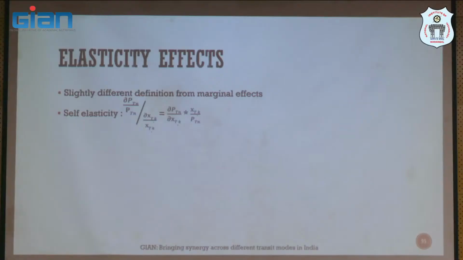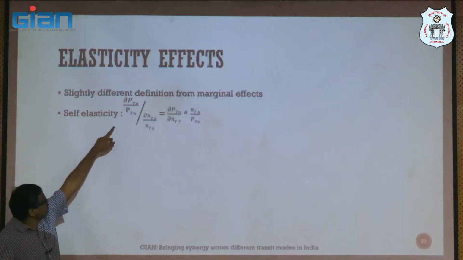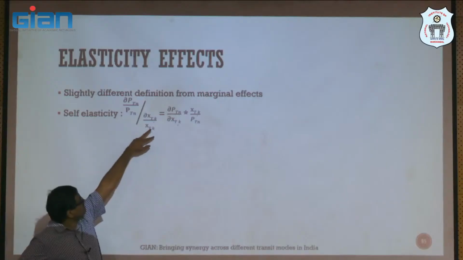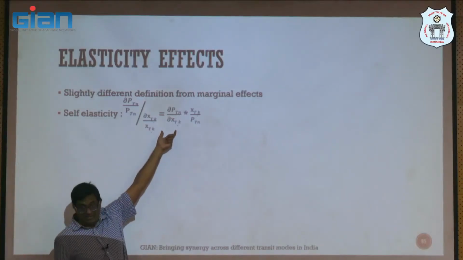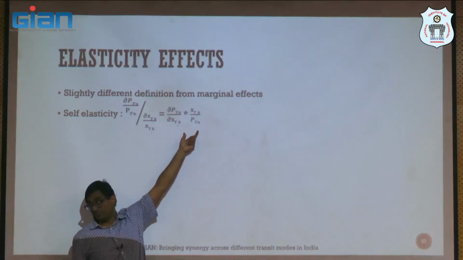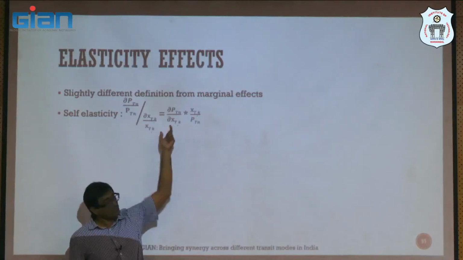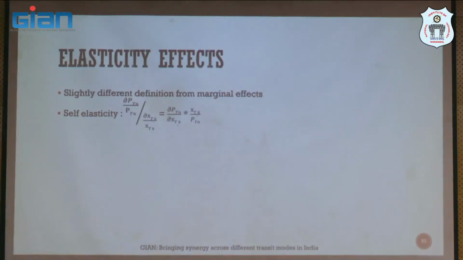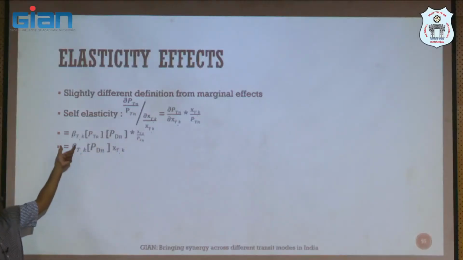So this is good because if you write it this way, I'm just rearranging the terms here. So this is your marginal effects. I'm just multiplying marginal effects with x over P. Okay. So the formula actually simplifies. I'm using the marginal effect formula from the previous slide and just multiplying it like this. So the P terms will cancel off, and it will simply be beta, P, and x.